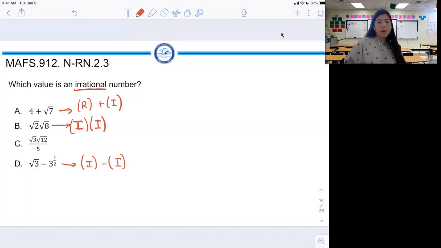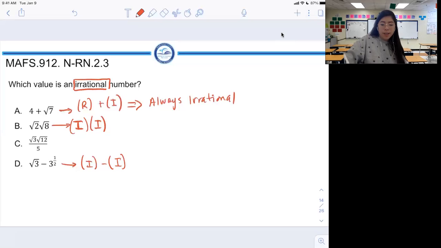And when you mix them up, what happens? Always irrational. So that means the answer is C. Why? Because those other ones are irrational with irrational. Yeah, but we're looking for one that gives us an irrational answer. Oh, then it's A.